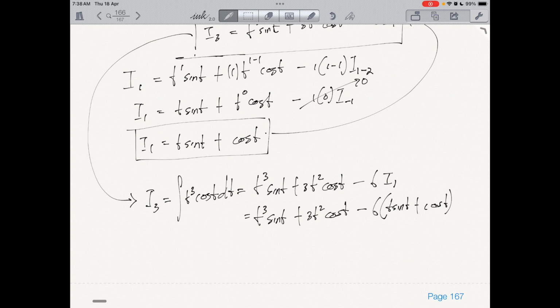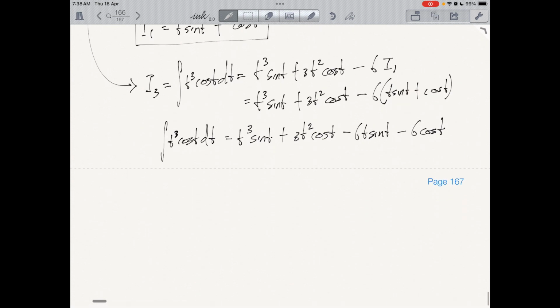Now with that done, we have that the integral of t^3 cos t dt is equal to t^3 sin t plus 3t^2 cos t minus 6t sin t minus 6 cos t.